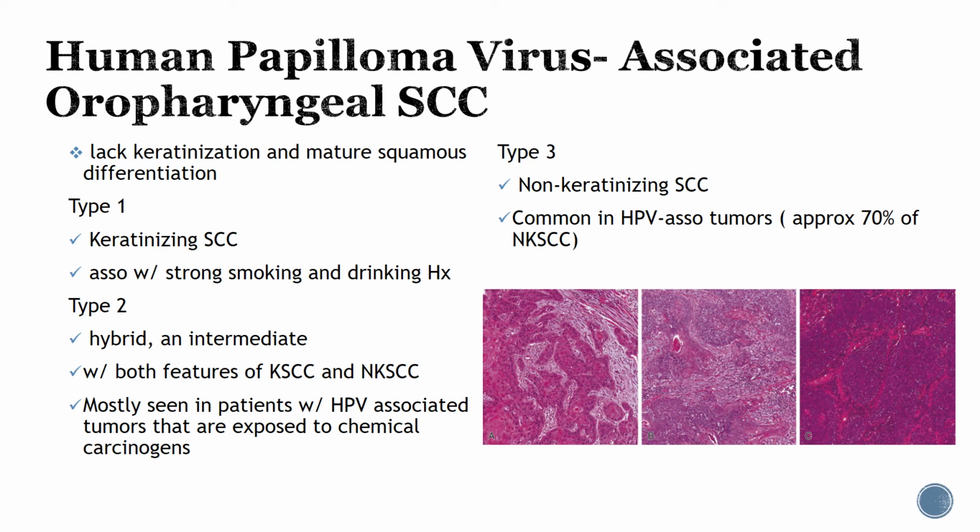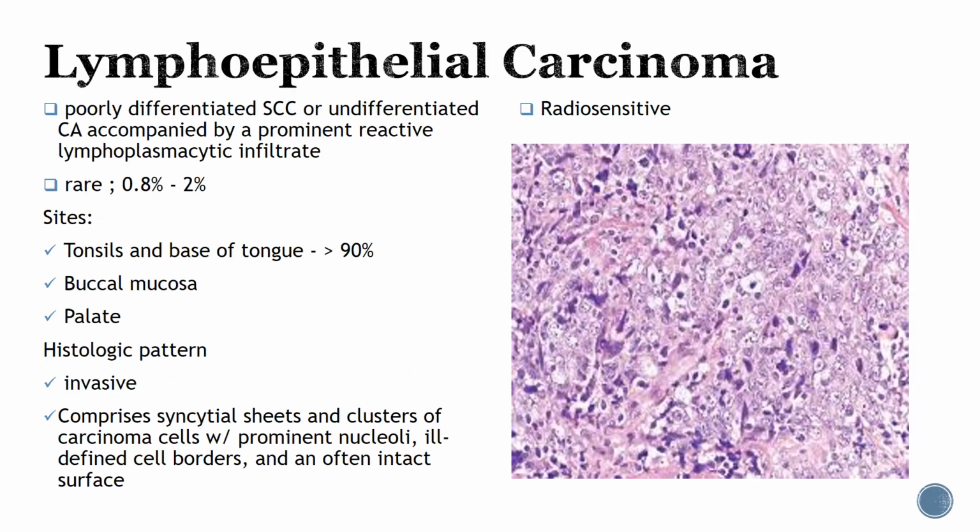Type 3 is a non-keratinizing squamous cell carcinoma with rounded nests of tumor cells that have round to ovoid nuclei and dense chromatin. The morphology is typical for P16 positive human papillomavirus-associated oropharyngeal carcinoma.